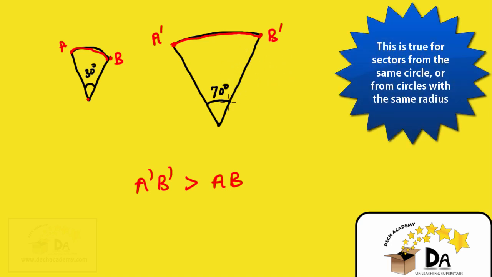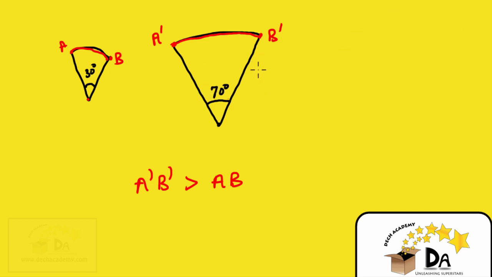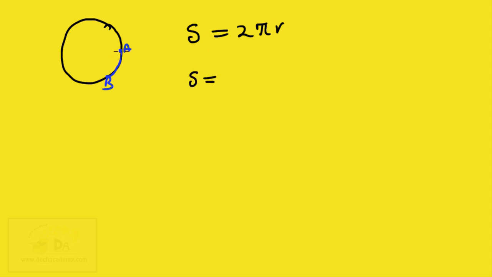And we're going to use that to make sense of the formula required to determine the length of an arc. So for a full circle, the perimeter, I'm going to call that S, is equal to 2 pi r. If I pick out any arc, so this arc AB, it's also going to have, let's still use S, a length, and that length is going to be less than this 2 pi r.